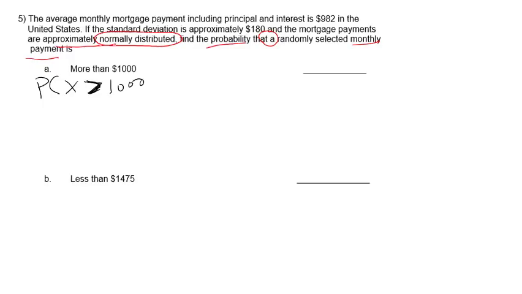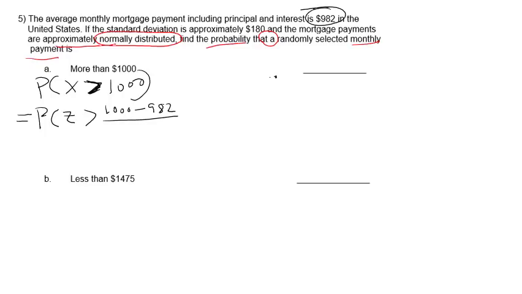Well, we need to get right to the table. We're talking about one member of the population. So Z is greater than 1,000. Let me fix that. In fact, put it down here. Subtract the mean. The mean is 982.